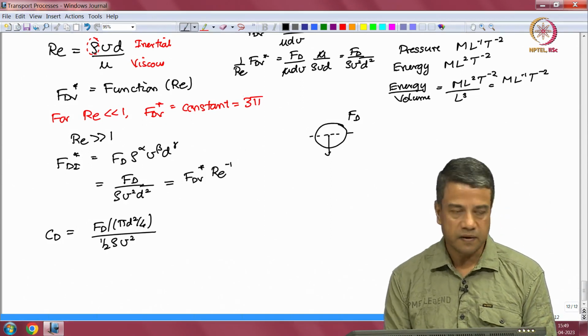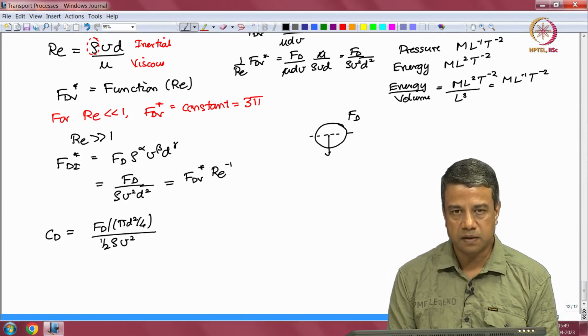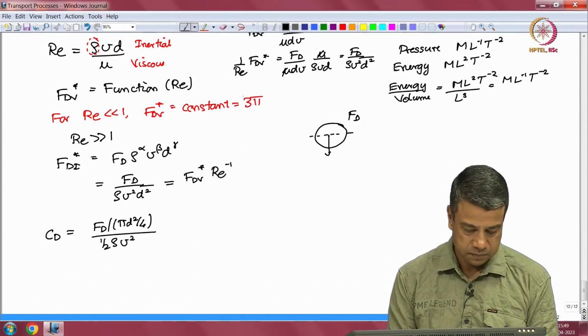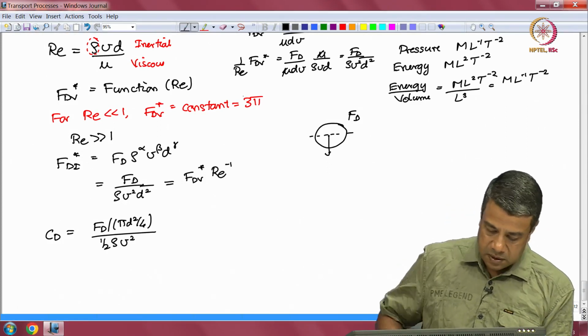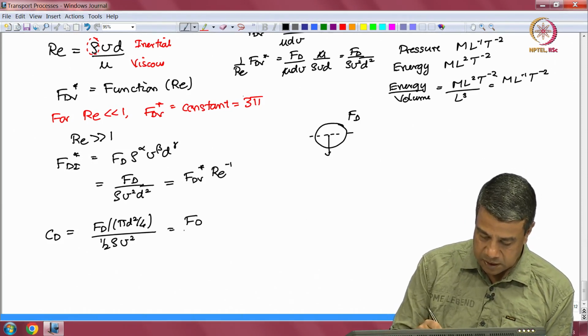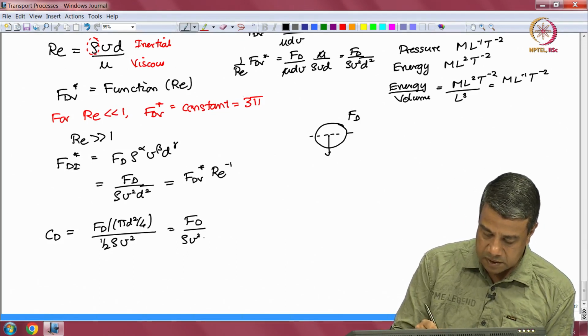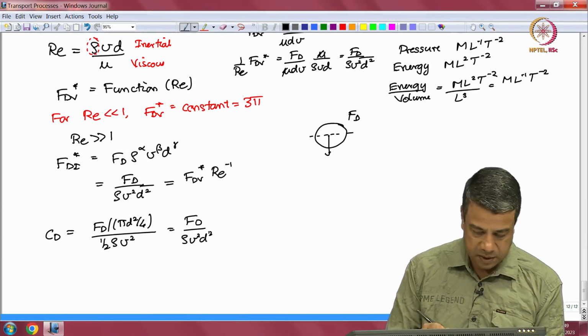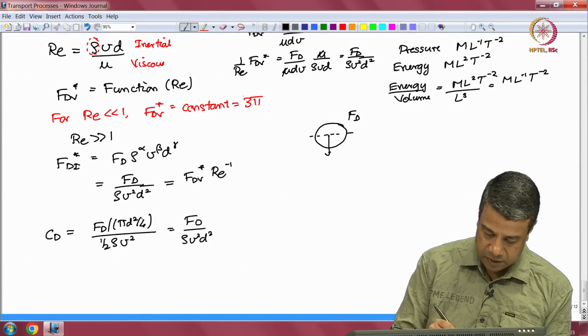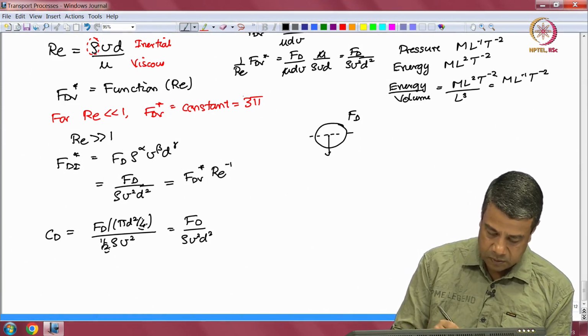Kinetic energy is half m v square, kinetic energy per unit volume is half rho v square. So, this is equal to F_d by rho v square d square, into, I have a 1 over 4 here, I have 1 over 2 and I have a pi.